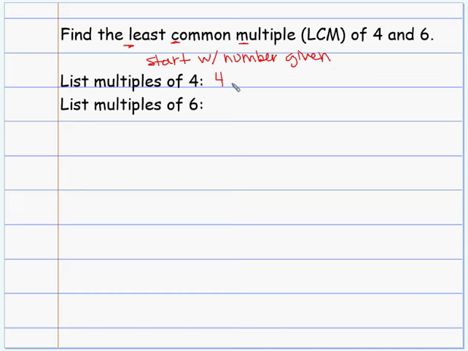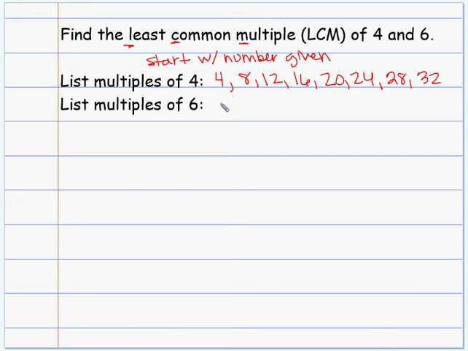So it's 4, then 8, then 12, then 16, then 20, then 24, then 30. Oh, that's not right. The next one, multiple of 4, 7 times 4 would be 28, and then 32, and then I can keep going if I need to, but let's start with the multiples of 6.